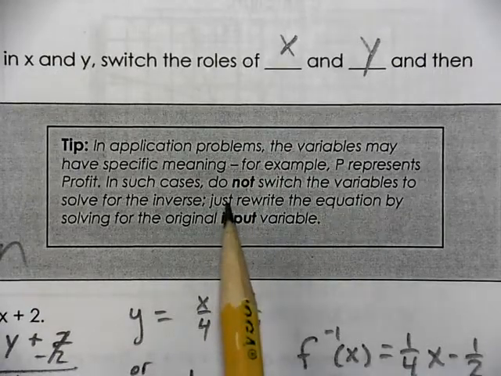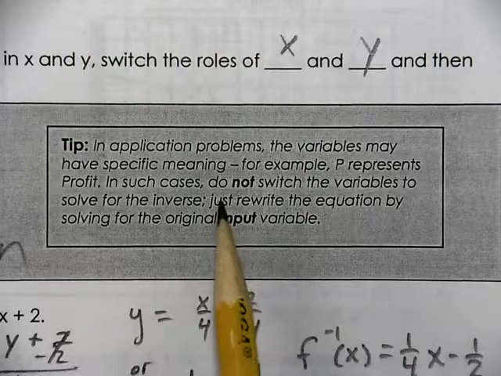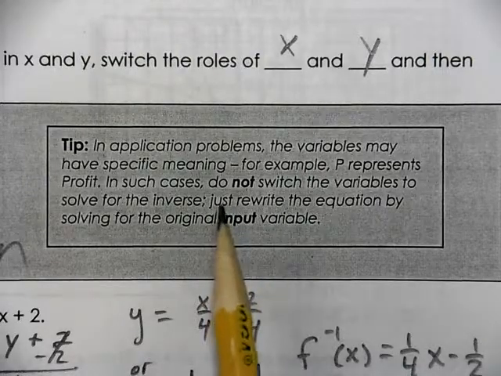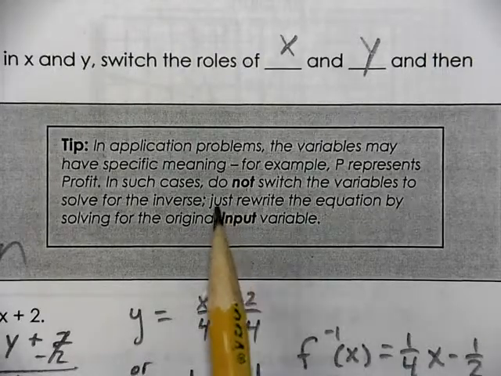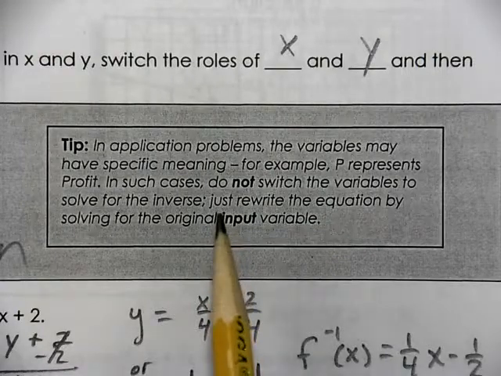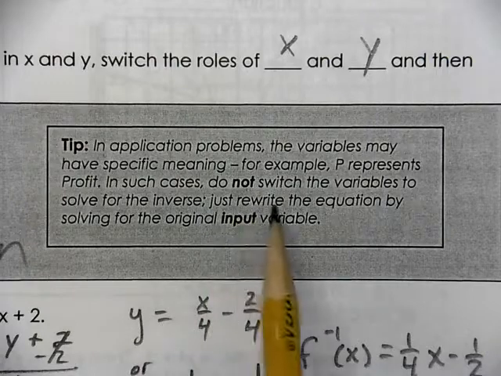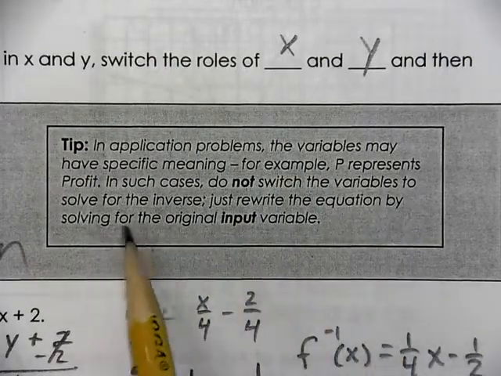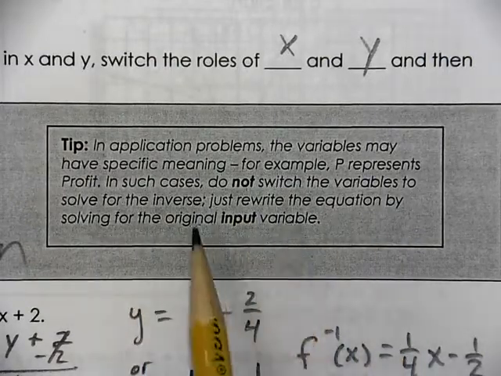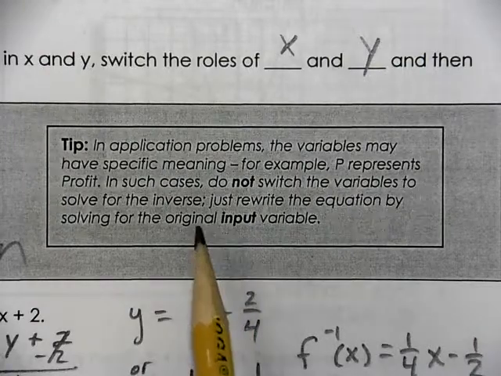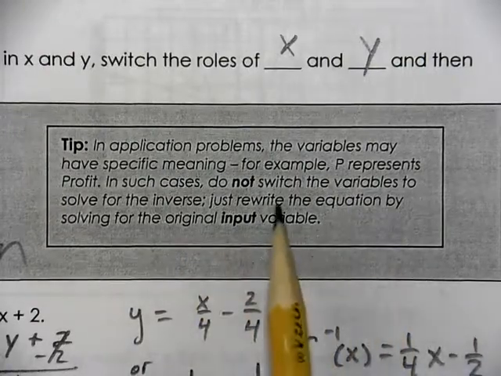When you were doing it with a normal y equals mx plus b, the x and the y are switched and it just makes a new table. It's no big deal. But when it matters for the meaning of the variables, just rewrite the equation by solving for the original input. Solve for the value without switching.